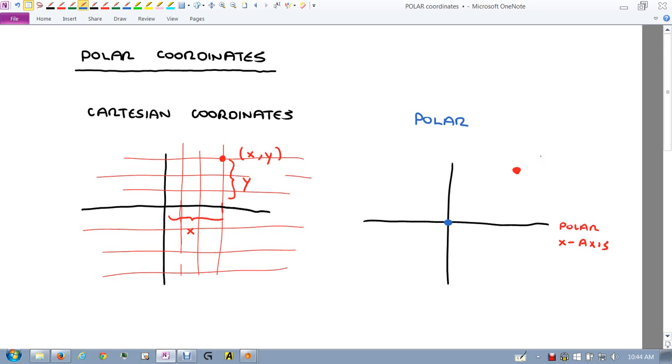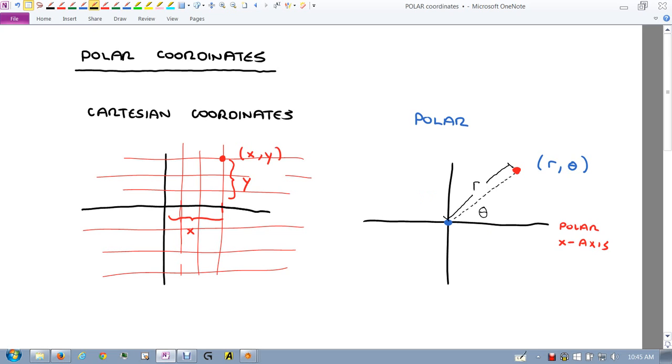So this point right here, instead of xy, I'm going to call it r theta, where theta is the angle between the polar axis and the line segment connecting the origin to the point. That's your angle. And then the radius, of course, is the distance from the origin out to the point.